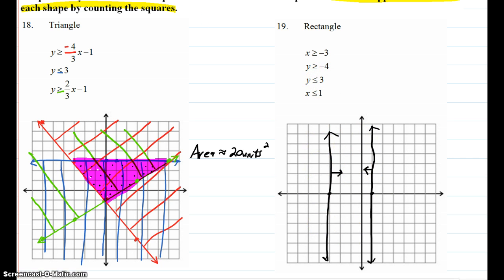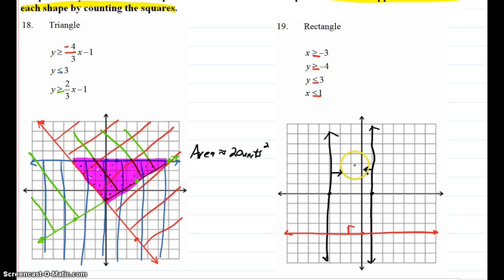So now let's graph the horizontal lines. So y is greater than -4. Since all these lines have lines underneath them, that means they're all solid. And this one is greater than, so we would be shading up, in this area.